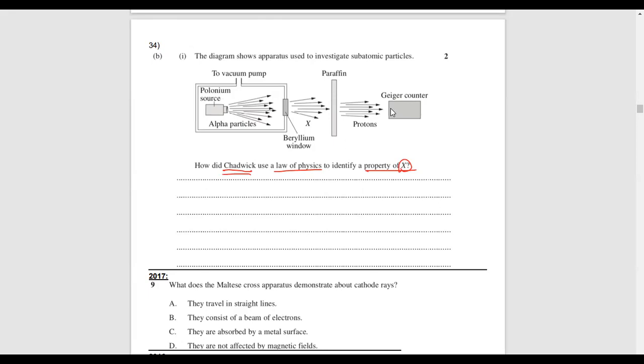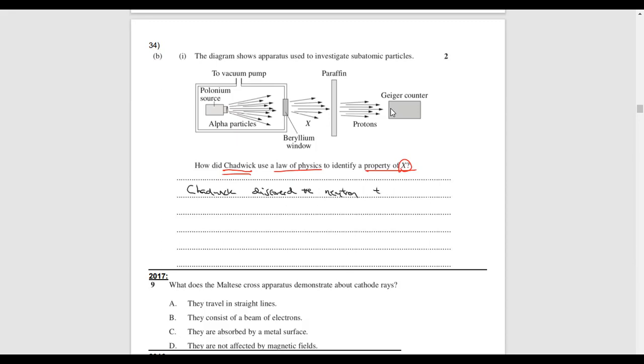So what basically Chadwick did is Chadwick discovered the neutron. Okay, so X is the neutron. So how did he discover the neutron?